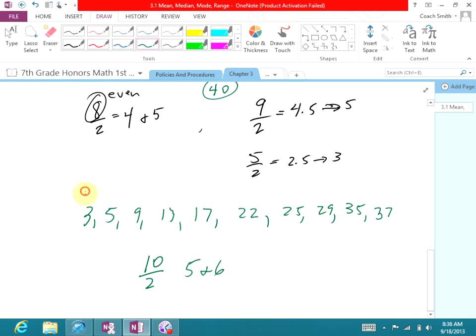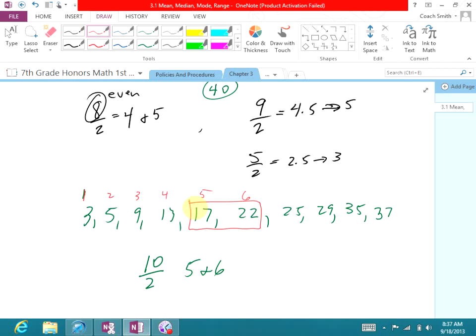So I've got, let me change colors. 1, 2, 3, 4, 5, 6. So there's the two numbers. Okay, so I've got to figure out what's halfway in between those. Here's how you figure it out.